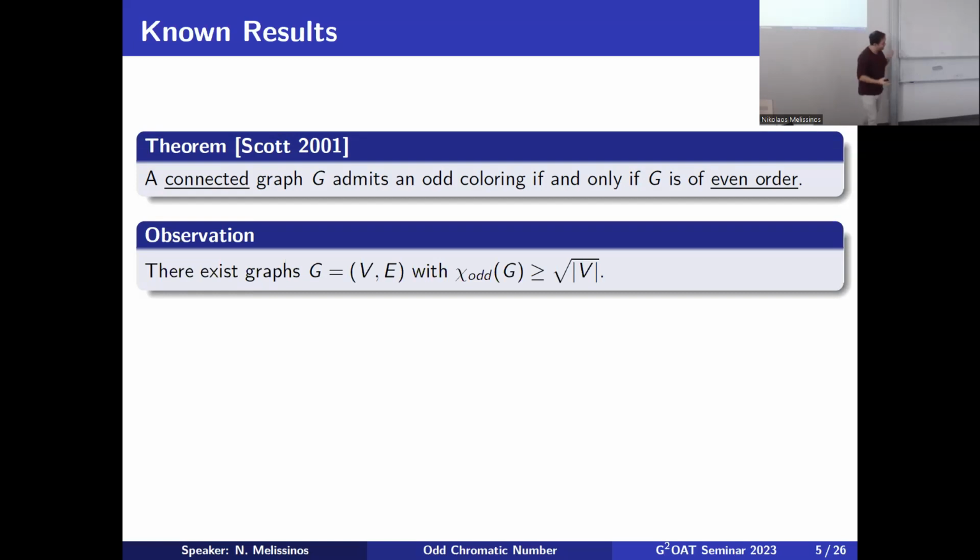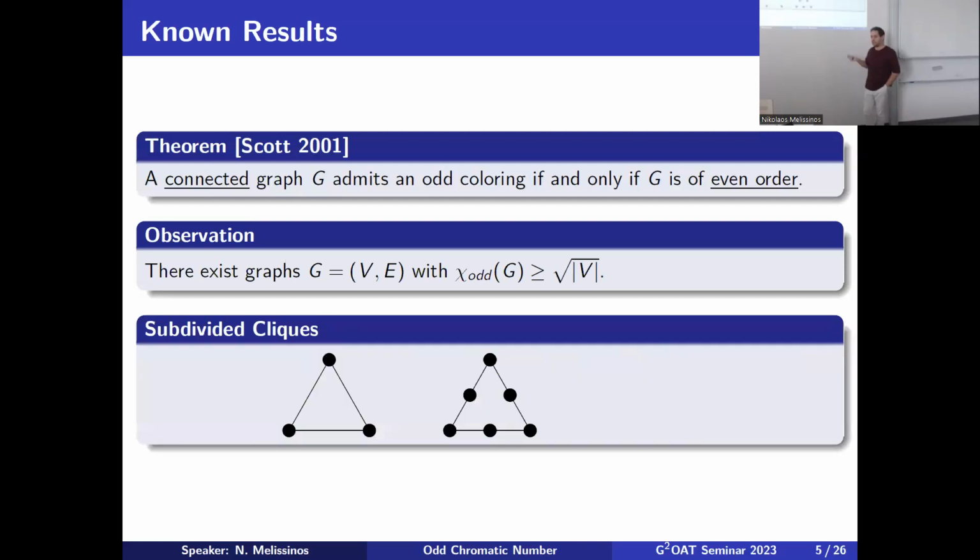Now the other thing is that the number of colors also is not necessarily bounded, because you may have graphs with a huge odd chromatic number, and I'm going to use chi odd, the chromatic number with the odd below, indicating the odd chromatic number of a graph. And this could be also a square root of the number of vertices. The example comes from a subdivided clique.